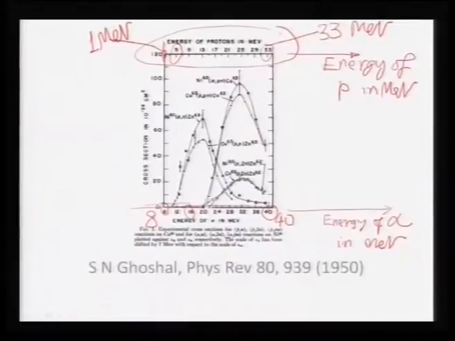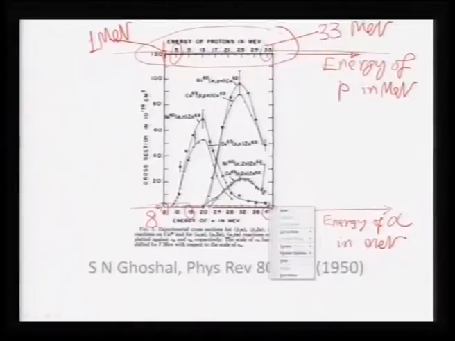So, two different energy scales are used here, the lower horizontal line is the energy of alpha particle in MeV, and the topmost horizontal line is the energy of protons in MeV, and the scales are shifted. So, for alpha the full scale in this diagram is 8 MeV up to 40 MeV, whereas in the case of proton it starts from 1 MeV and goes to 33 MeV.